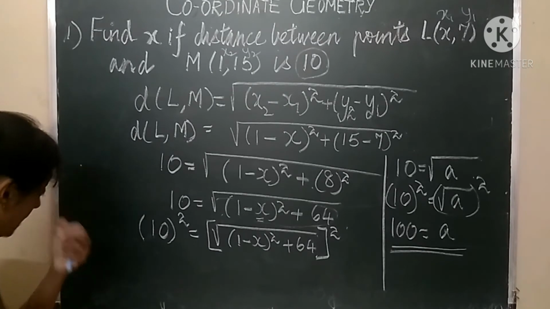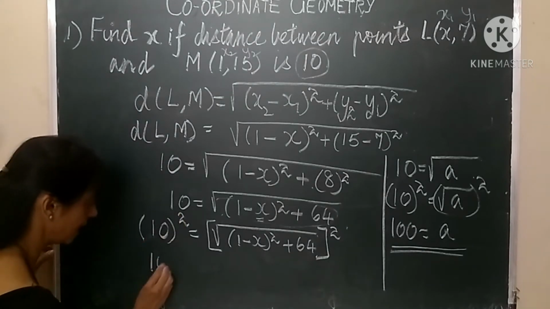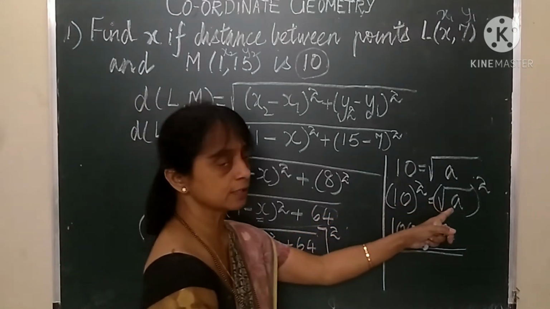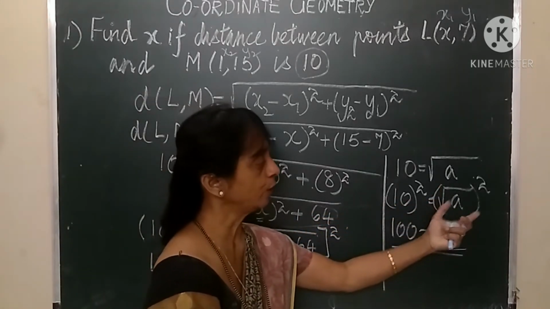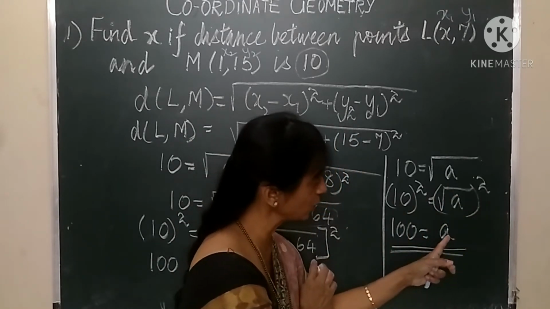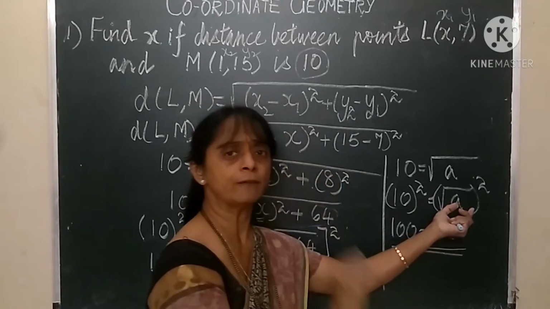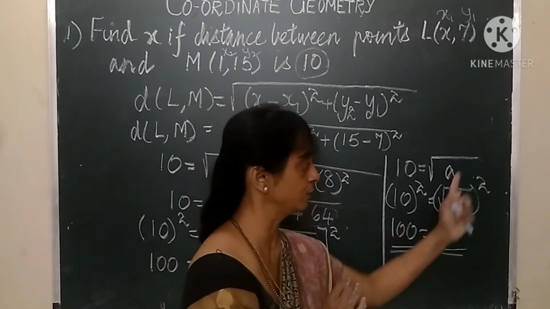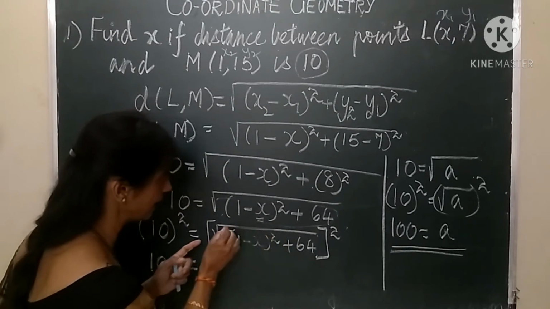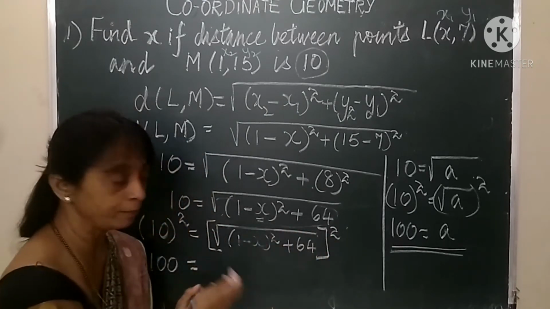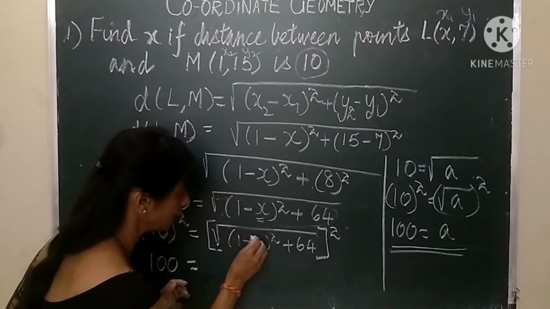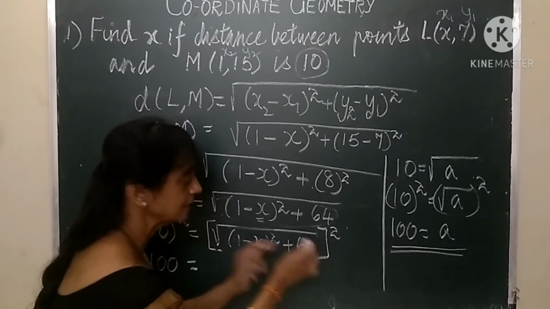Let's move on with the calculations. 10 squared is 100, which is equal to, what did we get the answer over here? Square root of a the whole square gives us square root of a into square root of a, that is only a. That means whatever was there inside the square root sign gives the answer. Over here, what do we have as a? We have a big binomial, right? So we have over here 1 minus x the whole square plus 64.